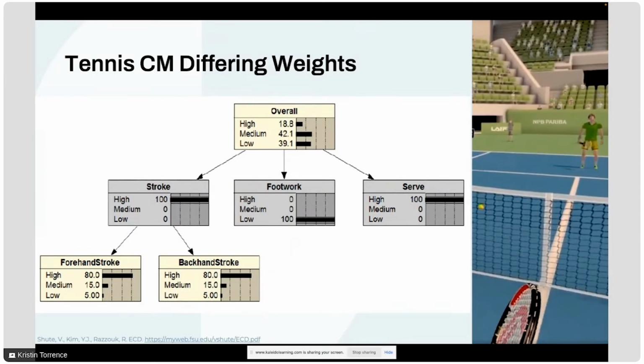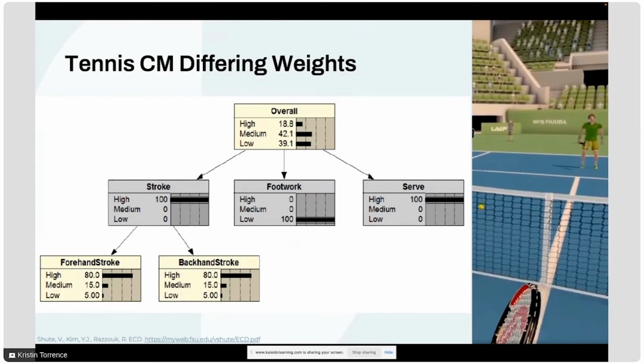So competency variables can also differ in weights. Let's say that a subject matter expert shared that the most important skill for tennis is footwork. Now, we can imagine that we observed each of these variables while watching someone play tennis. So we saw them demonstrate a high-level forehand, a high-level backhand, and a high level of serving skills. However, their footwork was low.